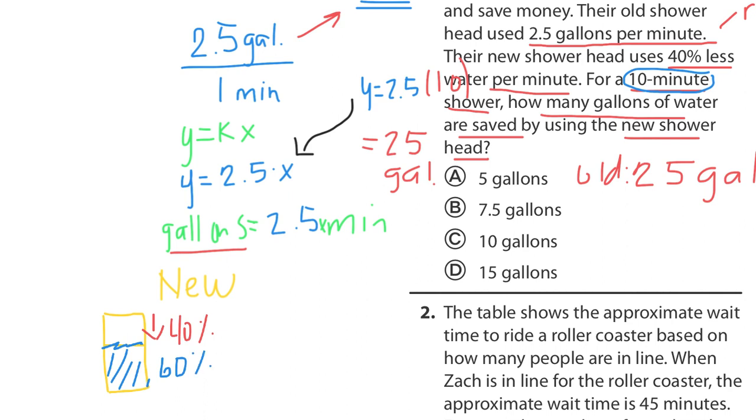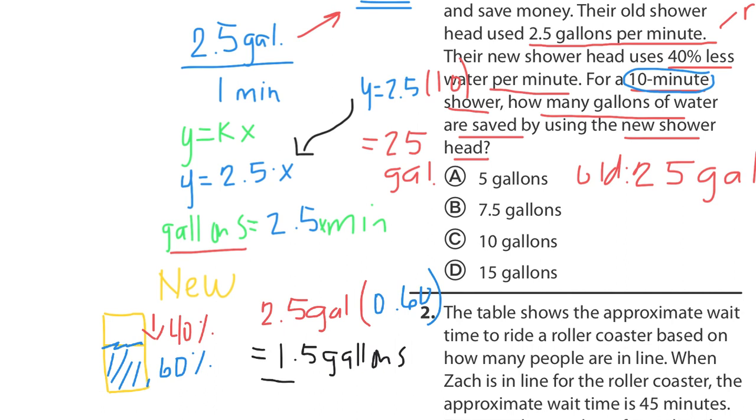So we need to multiply our unit rate, which was 2.5 gallons. We need to multiply that by 0.60 so that we get our number of gallons for the new shower head, and that's going to be 1.5 gallons.